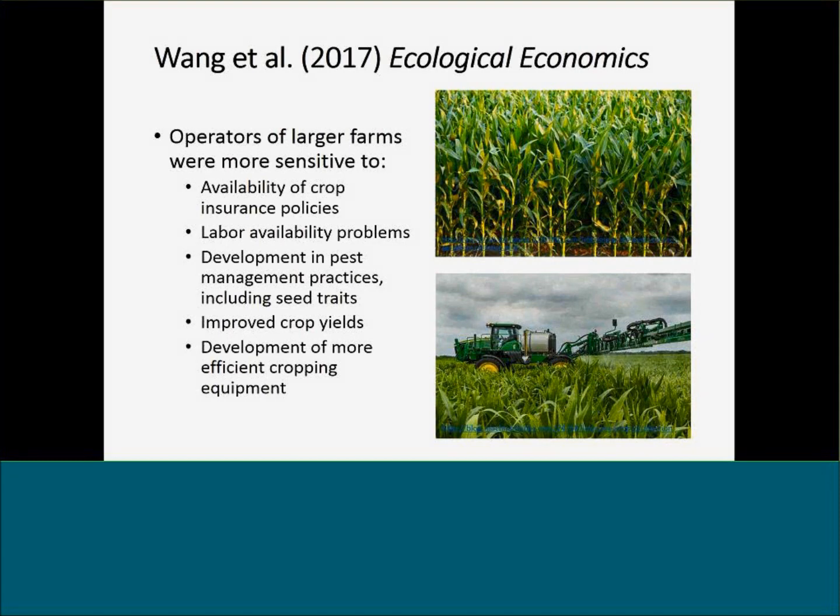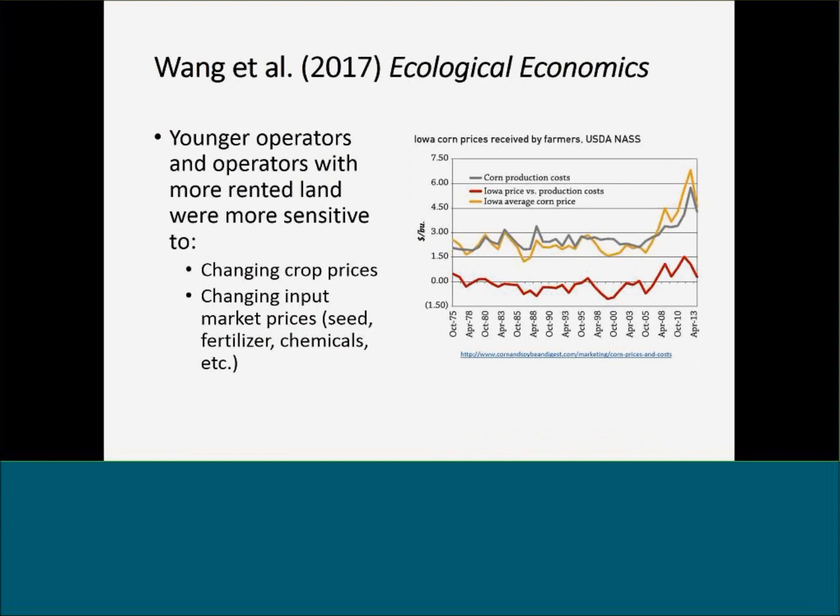In particular, they may be more influenced by the availability of crop insurance and they may be more willing to take risks on planting a crop like corn in a marginal area than a smaller farm. They may also have more resources and more access to cropping equipment to actually do the conversions.